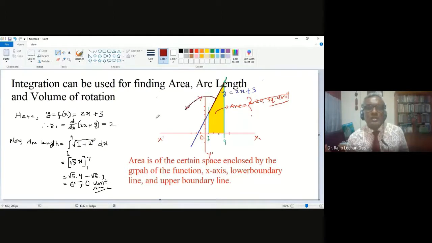So the arc length here in this case is 6.70, maybe inches, maybe centimeter. Arc length will be 6.70 units. Is that clear now?